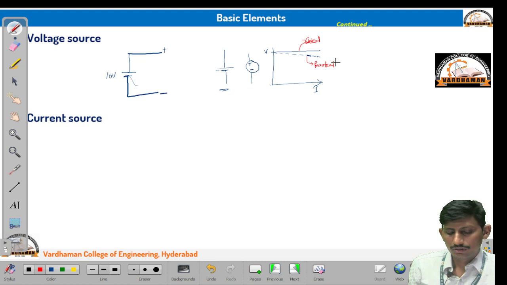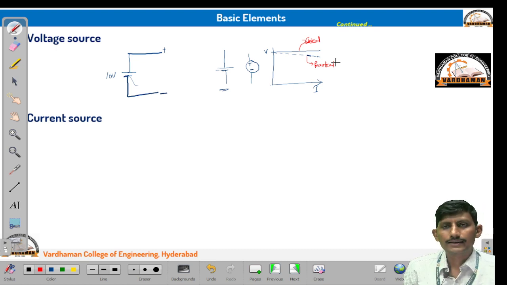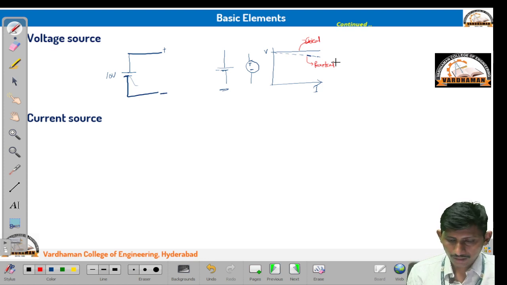So, in a practical voltage source, the voltage tends to decrease as the current increases. Current increases with the amount of load. Why does this voltage reduce?